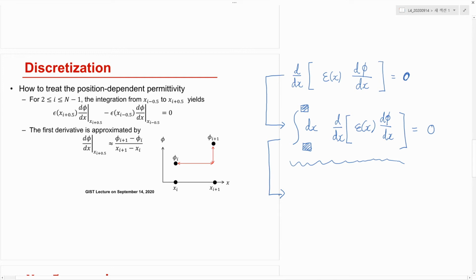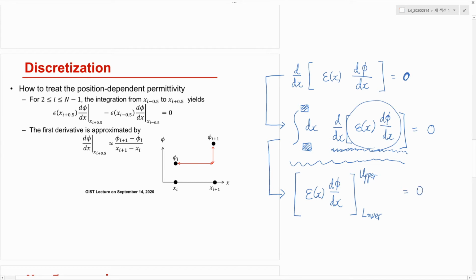Since we are performing the integration, and since the integrand is already differentiated with respect to x, this integration just recovers the terms like this. So we will have the form like this: epsilon of x, d phi over dx, and we will take the difference between the upper bound and lower bound.